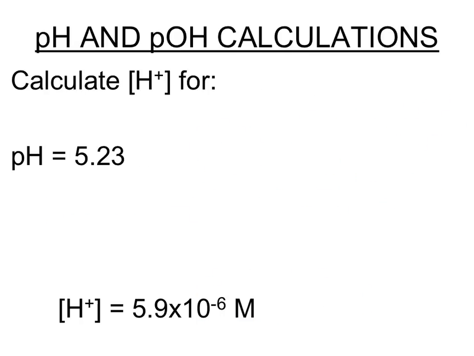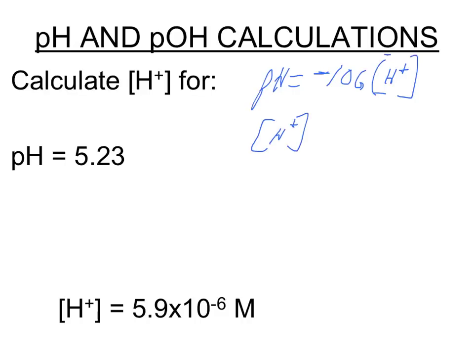Okay, so now I'm asked to calculate the acid concentration from the pH. So if the pH equals the negative log of the H plus concentration, if I just rearrange this, I wind up taking the anti-log, so the acid concentration equals 10 to the minus pH.